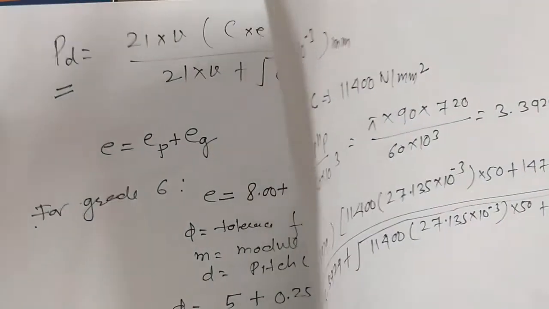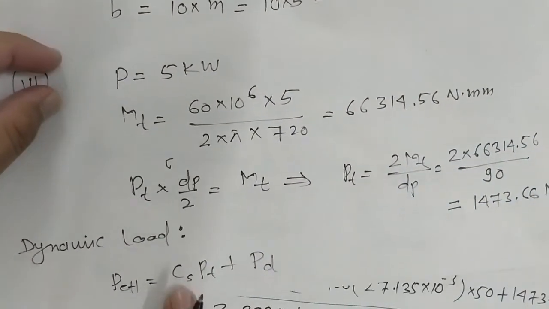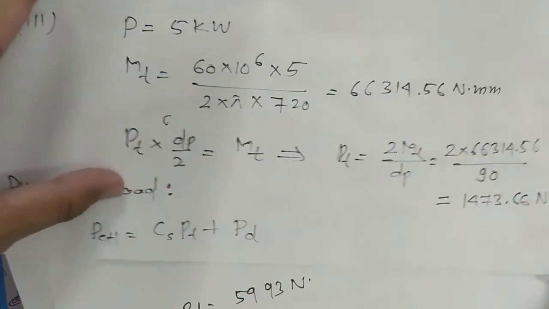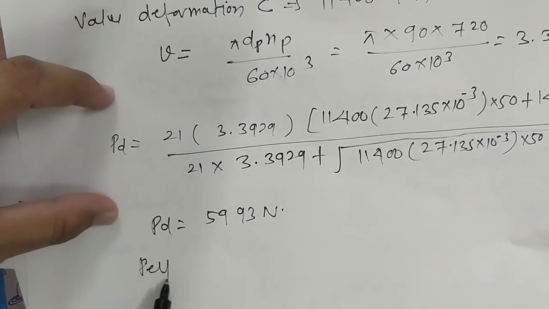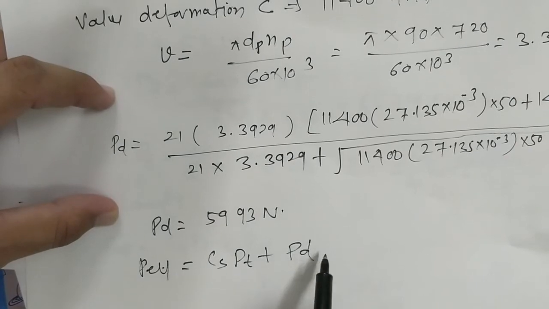So effective load can be calculated as P effective is equal to CS PT plus PD.